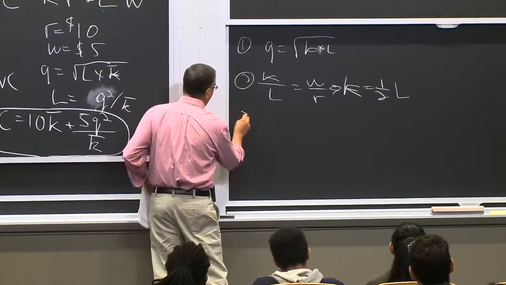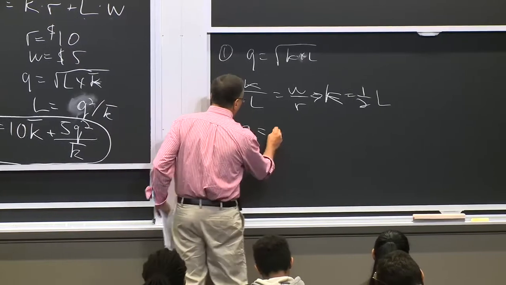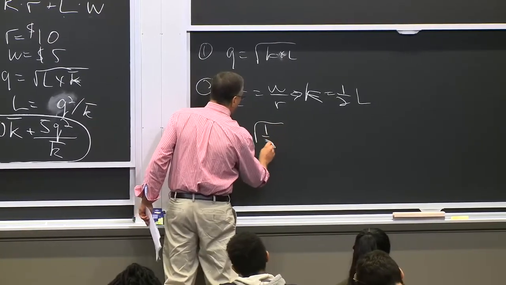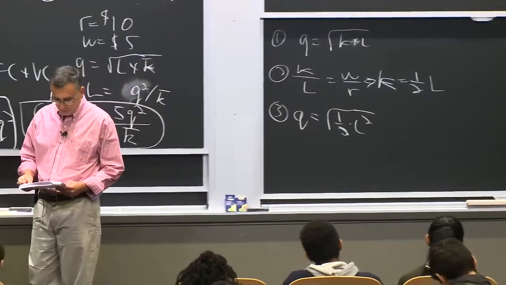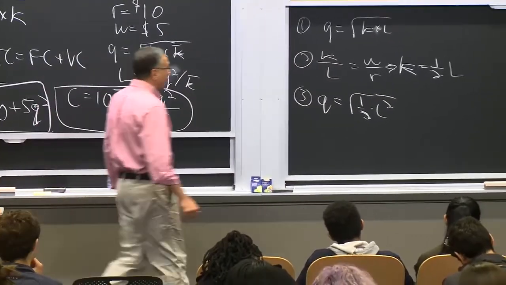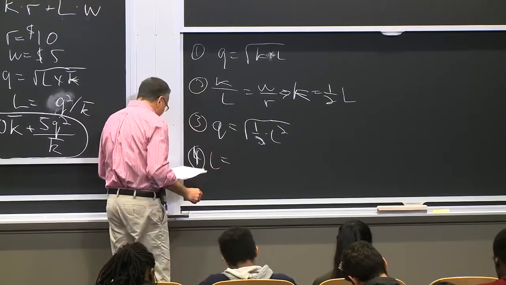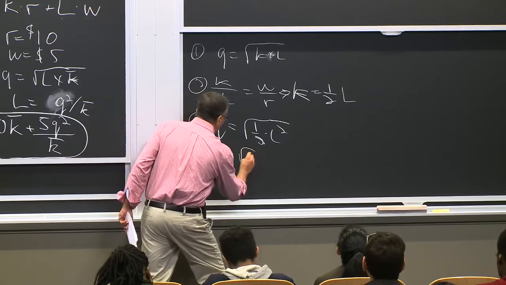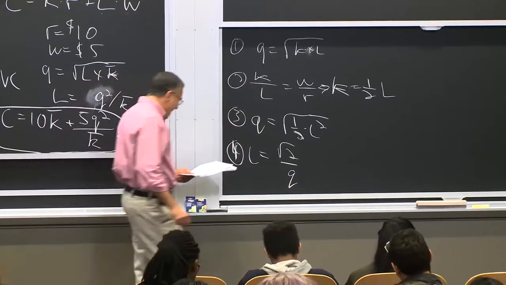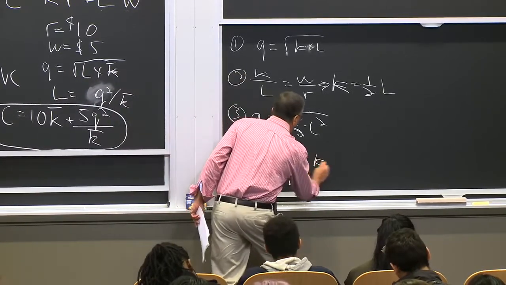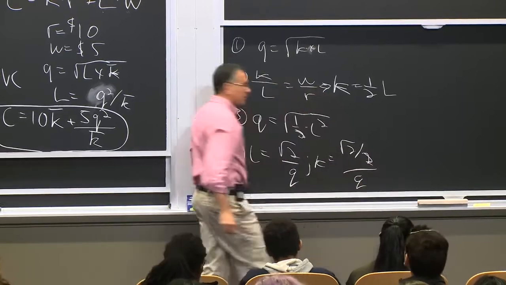Therefore, we can rewrite Q as the square root of 1/2 times L squared, just substituting in, because K equals 1/2 L. Therefore, we can solve for L and K.